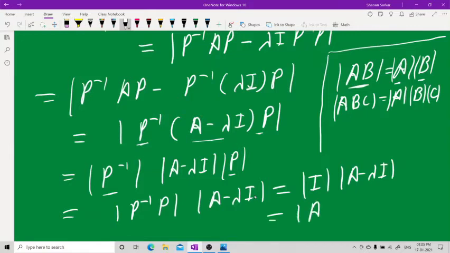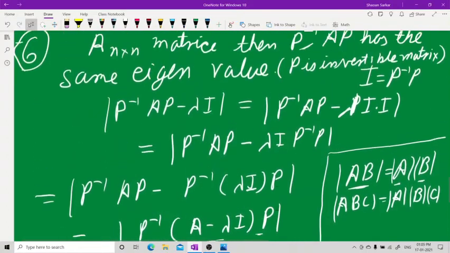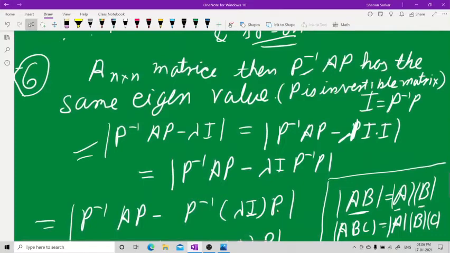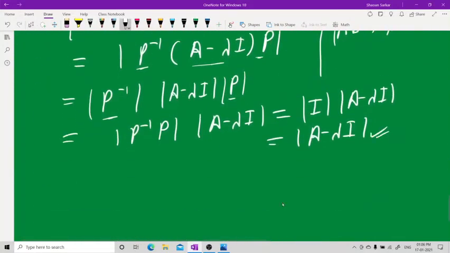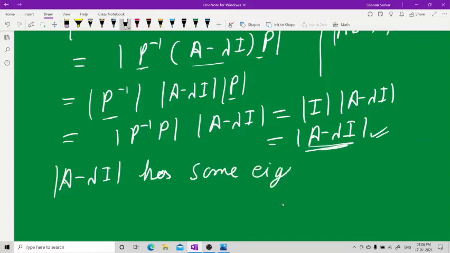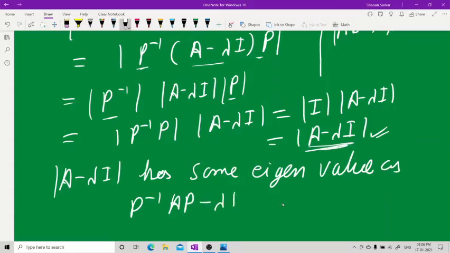So this is the determinant of A minus lambda I. So what I proved is that A minus lambda I has the same eigenvalues as P inverse AP minus lambda I. This is the sixth property.